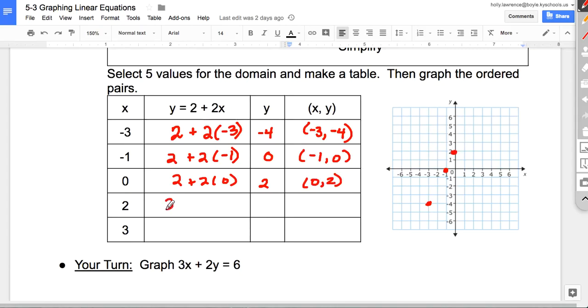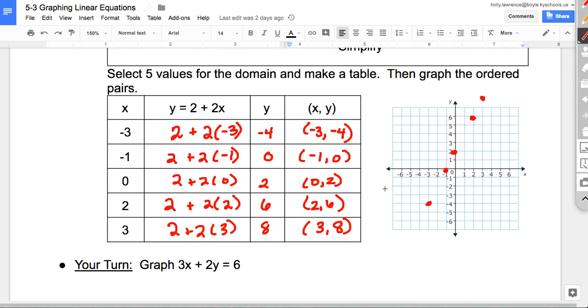And what we're kind of watching for is that each time I graph a point, I want to make sure that I'm checking and seeing that it's falling on a straight line. So I end up with 5 coordinates. And 8's off my graph, so I'm just going to estimate where it would be.